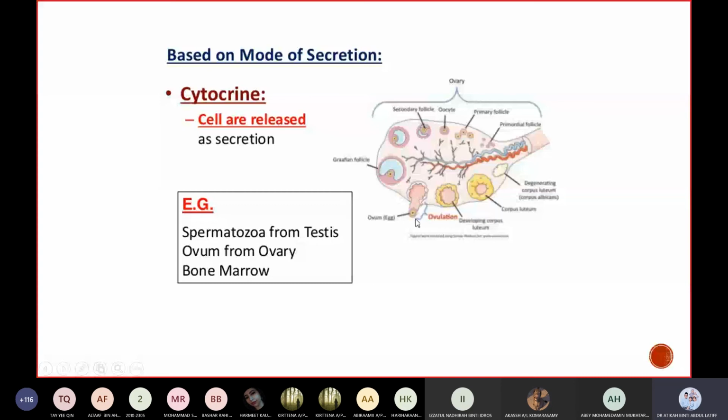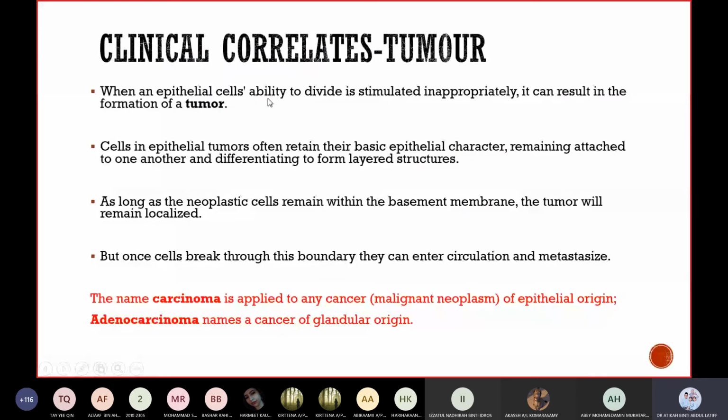So just one clinical correlate: because of the epithelial cell's ability to divide, if there is a tumor, sometimes it can stimulate inappropriate cell division and cause a lot of replicating tumor cells to cause a tumor of the epithelial cells.